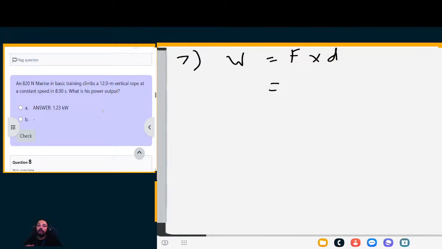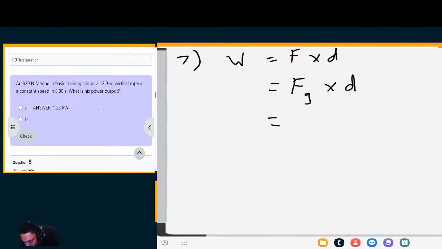Okay, so he's climbing with a constant force, and that constant force is exactly equal to the gravitational force. So for him to be climbing at a constant speed, he must be climbing with the same force as gravity.